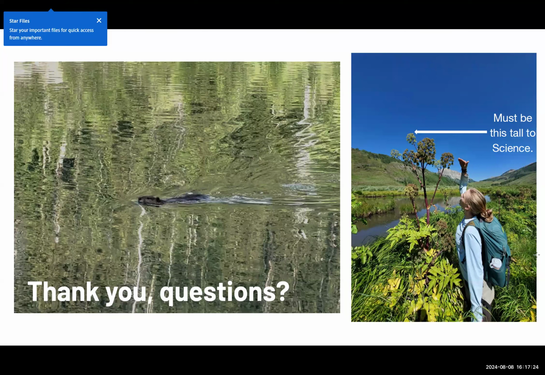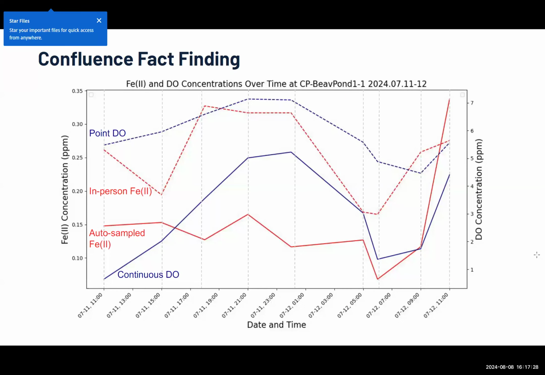So you're talking about this one. When we're taking in-person iron measurements, it means at 3 a.m. we were out there and we pulled that sample and we put it directly into the ferrozine, which preserves the pH and a lot of the other redox conditions that preserve the iron right then and there. But the automatic sampler pulls water at all of those periods, but it doesn't necessarily preserve it in an acid right then and there. So we're getting it in the morning after it's already pulled all of the samples, which might account for some of this dip down.